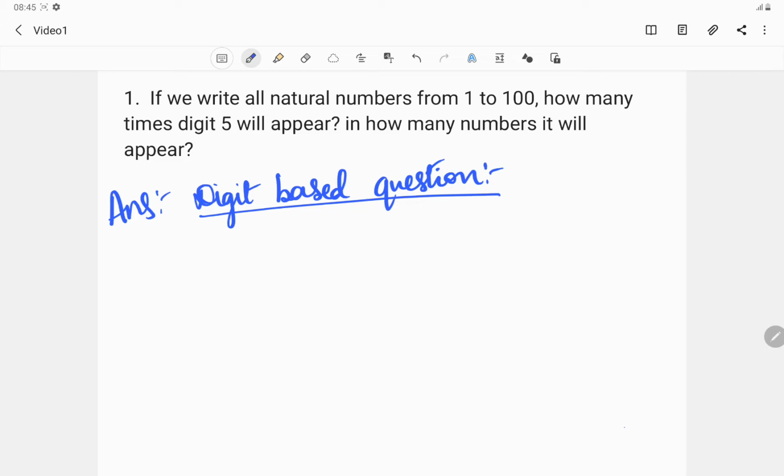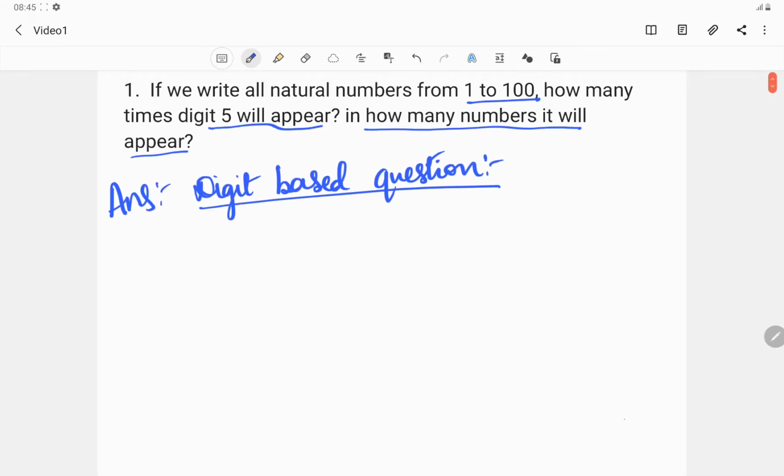The question states that if we write all the natural numbers from 1 to 100, how many times will digit 5 appear, and in how many numbers will it appear? These are two different questions.